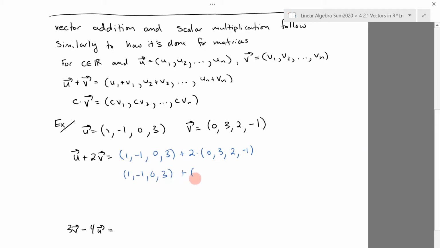Then I do the scalar multiple, so 2 times 0 is 0, 2 times 3 is 6, 2 times 2 is 4, 2 times -1 is -2. And then I just add the corresponding coordinates together. So 1 plus 0 is 1, -1 plus 6 is 5, 0 plus 4 is 4, and then 3 plus -2 is 1.